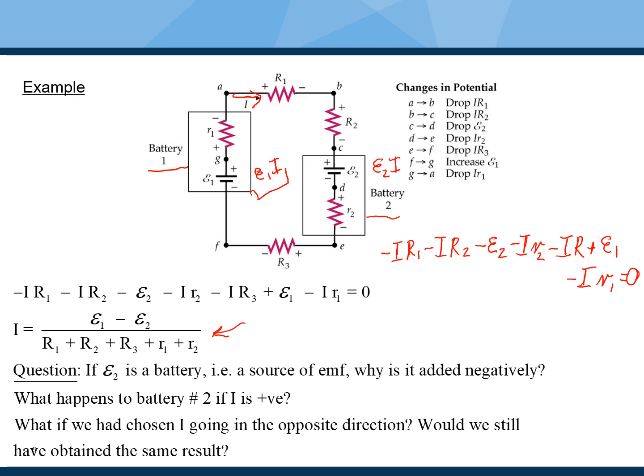However, the battery E2 is actually draining off energy every second, given by E2 times I in every second. Therefore, the amount of power that it drains is given by E2 times I.